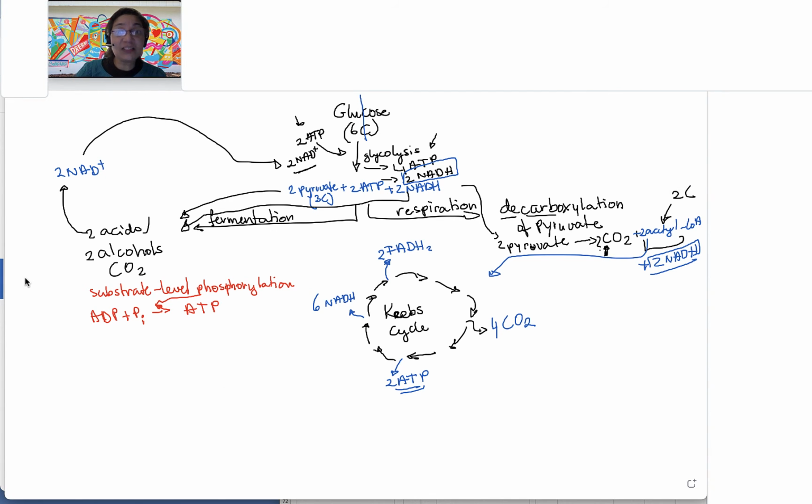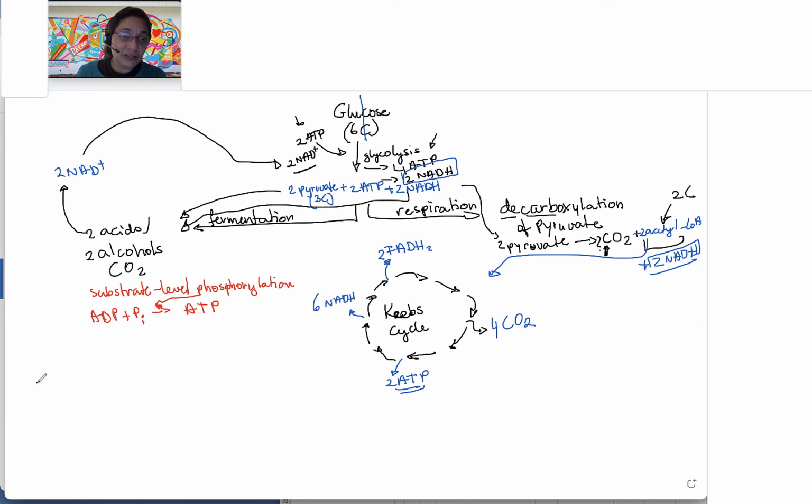So this all happens in the cytoplasm of the cell, and this is because bacteria do not have mitochondria. In eukaryotic cells, this happens in mitochondria, although the glycolysis happens in the cytoplasm. But we're going to focus on bacteria. So all of this happens in the cytoplasm.